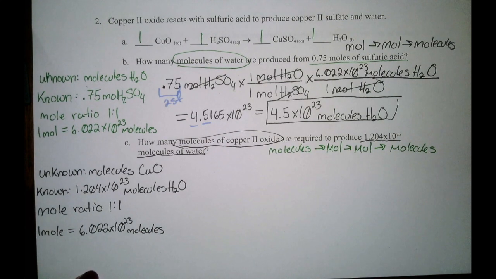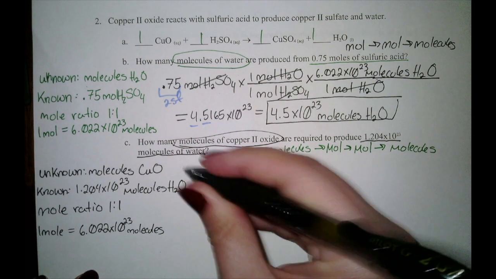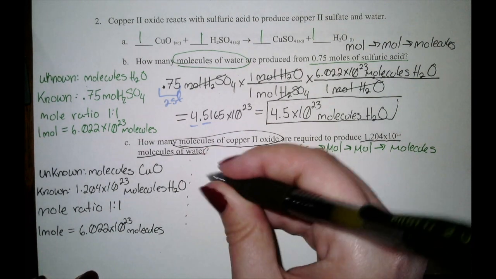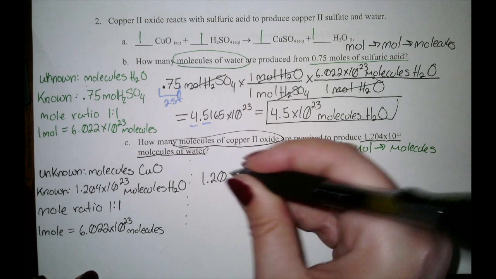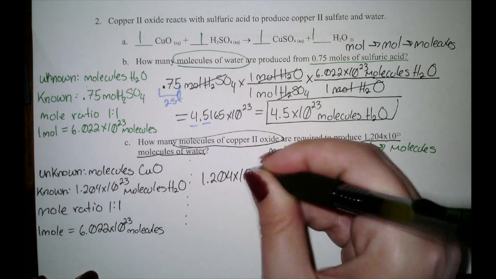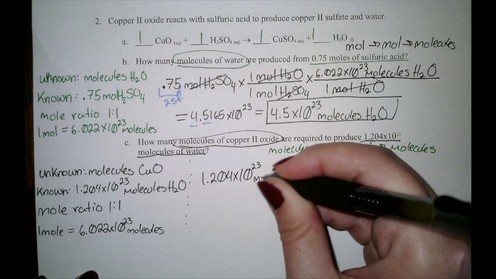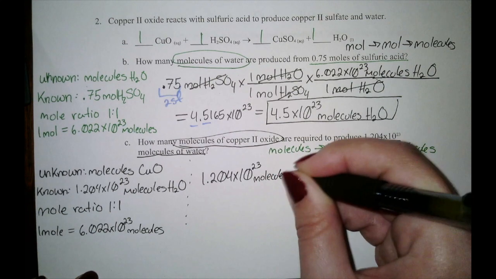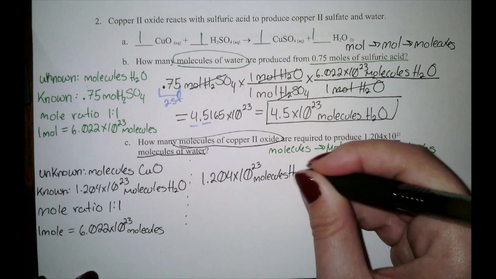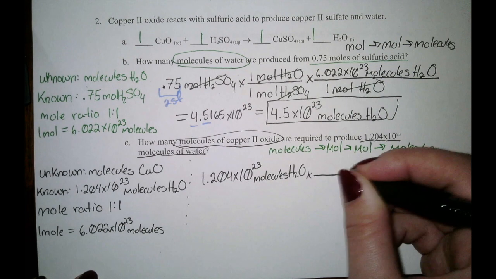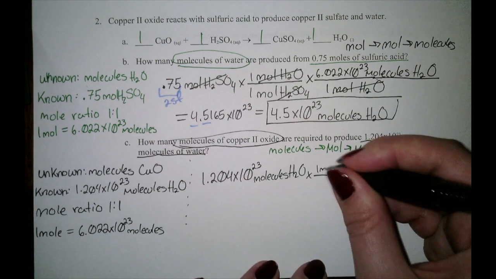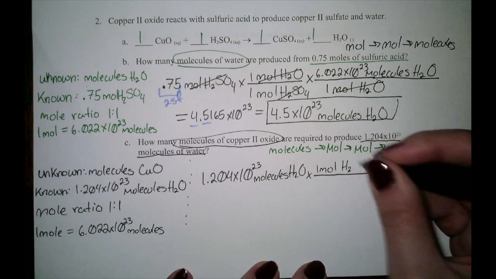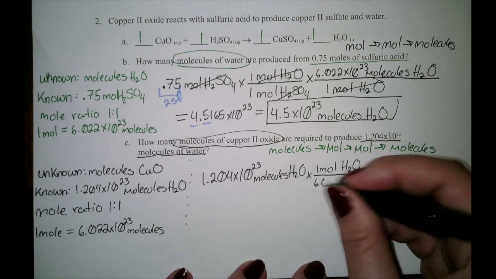Now we can set up our calculation, starting with our 1.204 times 10 to the 23rd molecules of water. We're going to use Avogadro's number to convert that to moles.